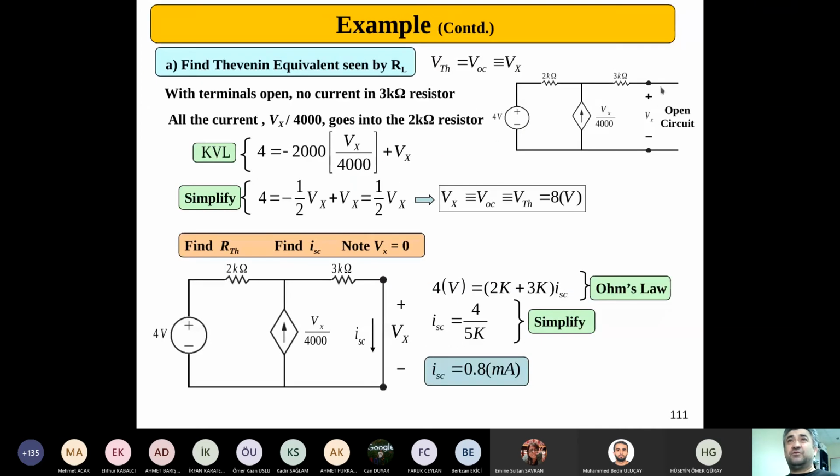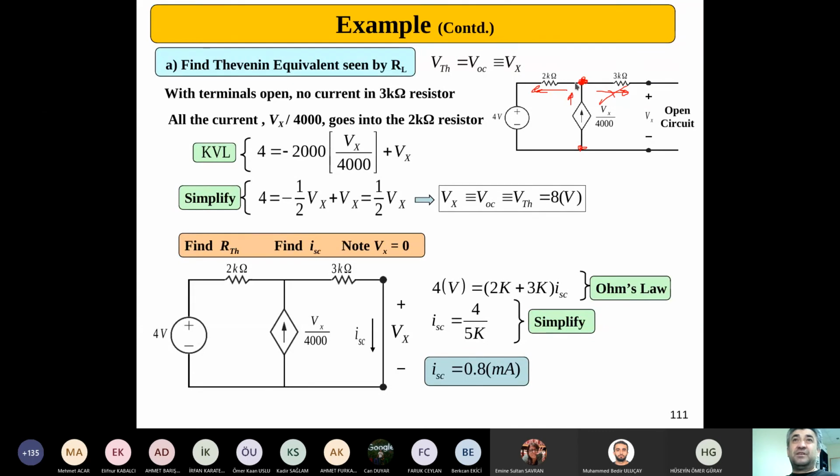When you open circuit these two terminals, there won't be any current coming to here. So the voltage is just equivalent to the value in here. And that is directly equivalent to, just write the node equation on here. Assume that a current is going to that, and this current is coming here.